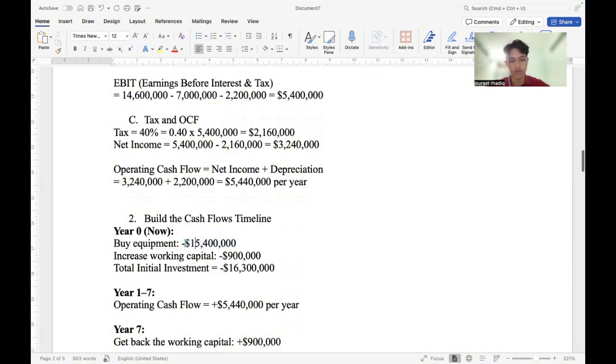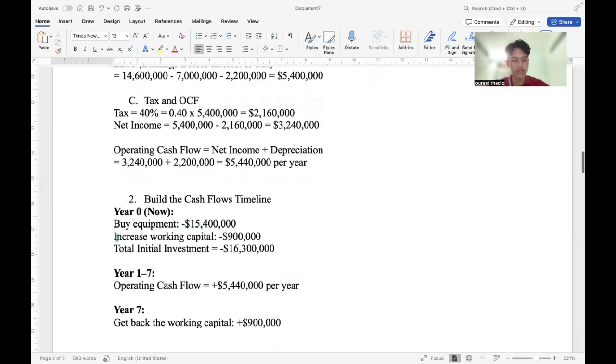So minus, because they spend money. So this is minus 15.4 million. And this is the extra money needed to run the project.